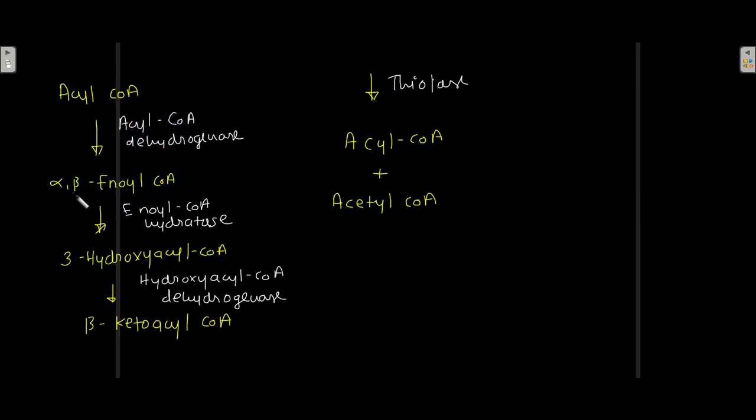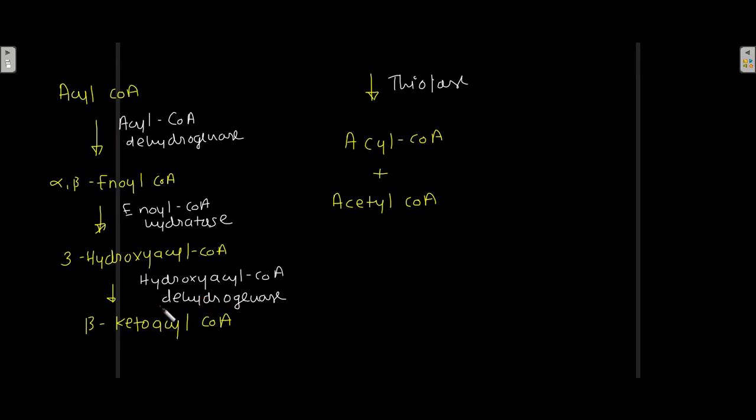Then this alpha beta enoyl coenzyme A is converted into 3-hydroxyacyl coenzyme A, and then this 3-hydroxyacyl coenzyme A is converted to beta ketoacyl coenzyme A. These reactions are catalyzed by enoyl coenzyme A hydratase and hydroxyacyl coenzyme A dehydrogenase respectively.